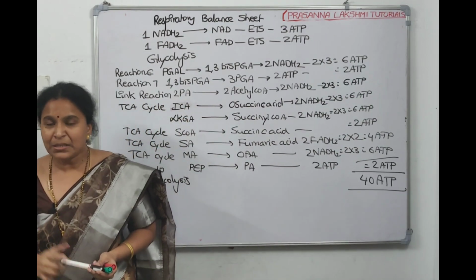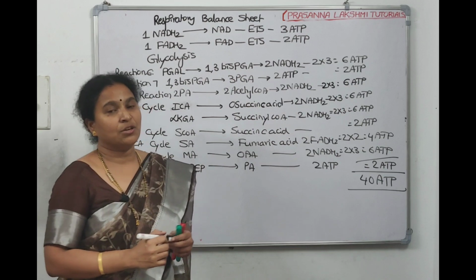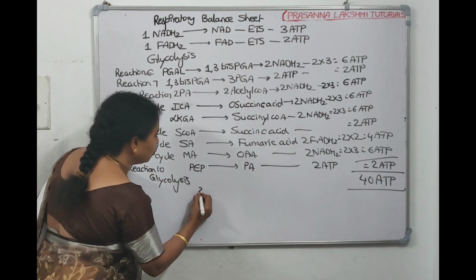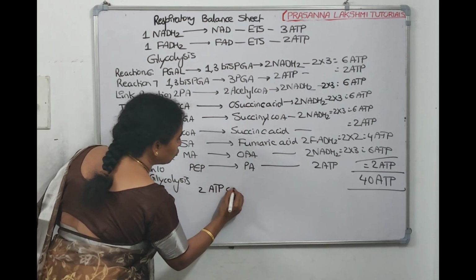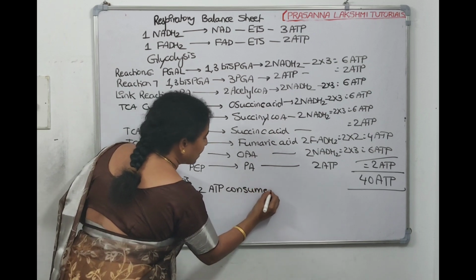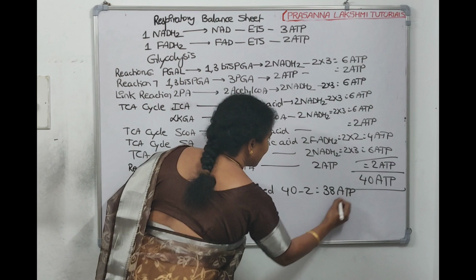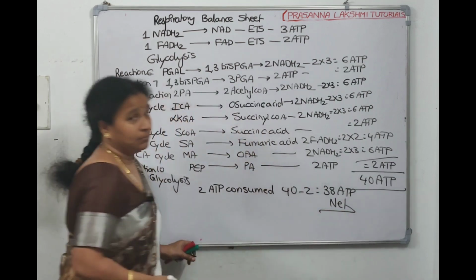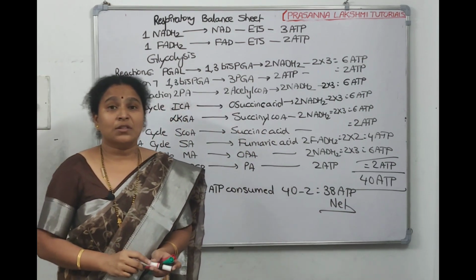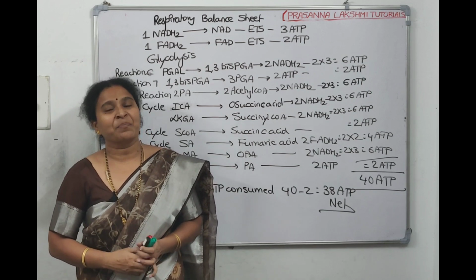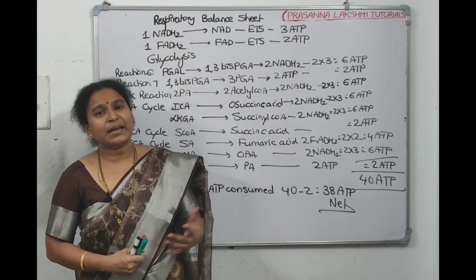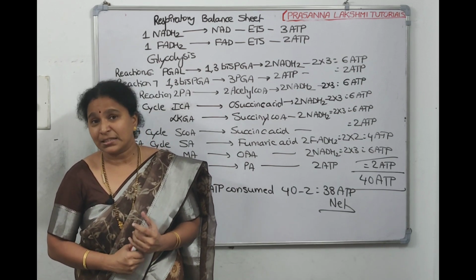Out of 40 ATPs, in the first reaction and third reaction, we use 2 ATPs. So 2 ATPs are consumed. If you subtract those 2 ATPs, 40 minus 2, 38 ATPs will be the net ATPs. This calculation is a beauty, but for this you have to make certain assumptions.